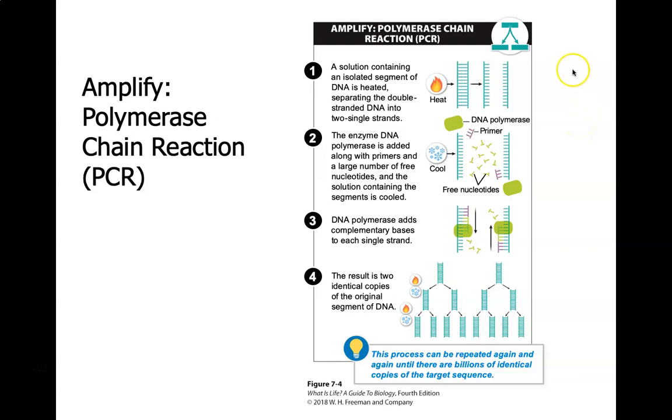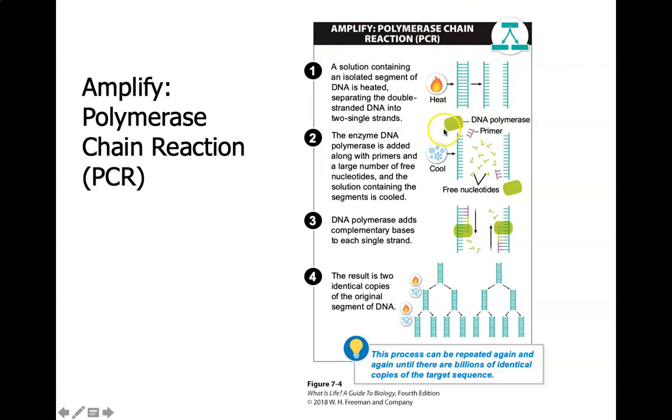But in order to do polymerase chain reaction, or PCR, we need to first pull apart the DNA that we want, and we do this using heat. This is called denaturing. So we apply heat to the system and it pulls apart the double helix of our DNA strand. The next thing we're going to do is add a couple of things.